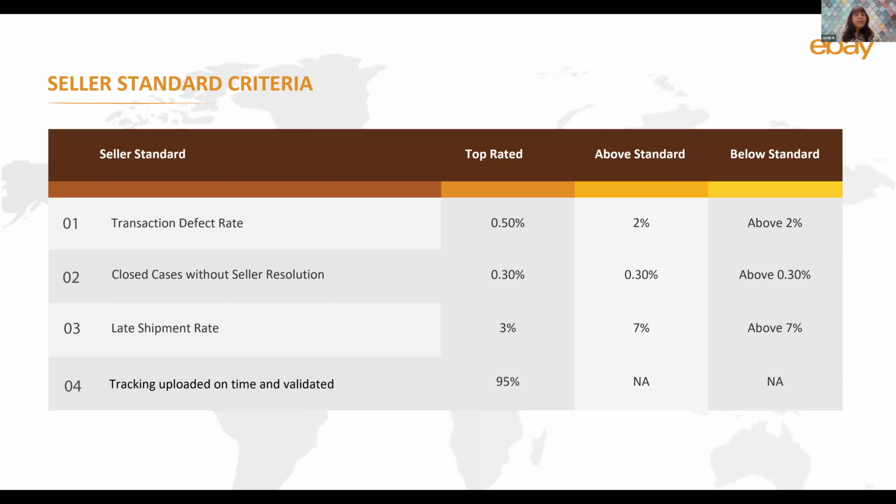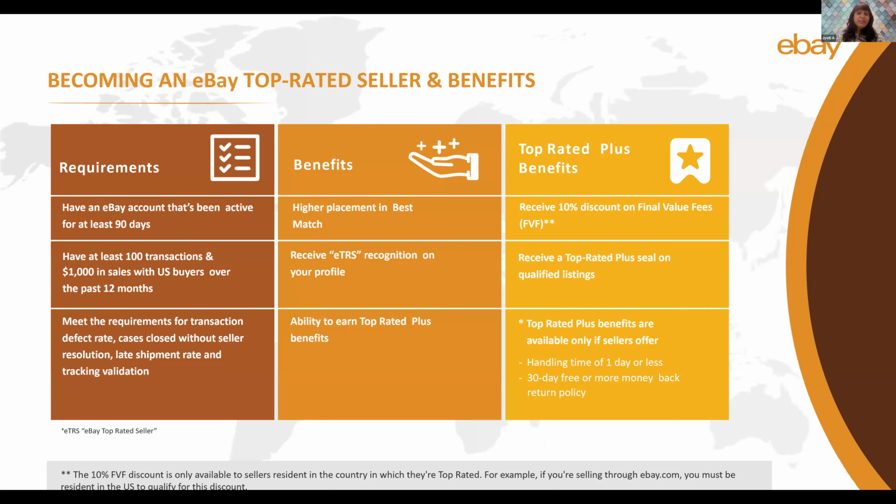Talking about becoming an eBay top rated seller. Becoming an eBay top rated seller indicates that you consistently deliver outstanding customer service. It also means that you are eligible to receive a prominent top rated plus seal on qualifying listings. To become an eBay top rated seller, you will need to have an eBay account that's been active for at least the last 90 days, have at least 100 transactions and $1,000 in sales with US buyers over the past 12 months.